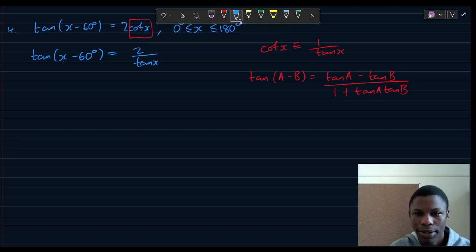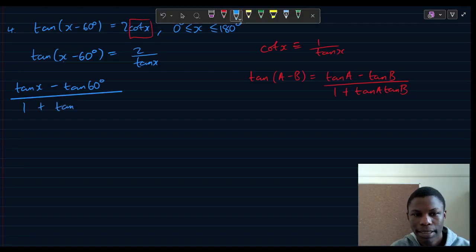So in this case, our x will be the A and our 60 degrees is the B. So it ends up being tan x minus tan 60 degrees, all over 1 plus tan x tan 60 degrees is equal to 2 over tan x.